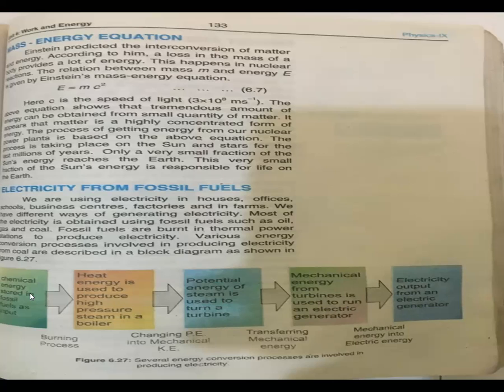Here coal is burned, the energy stored in coal is converted into steam, steam drives the turbines, and the turbines drive the electric generator, which generates electricity for us. So this is the whole process of how we obtain electricity from fossil fuel. Fossil fuel means oil, gas, and coal.